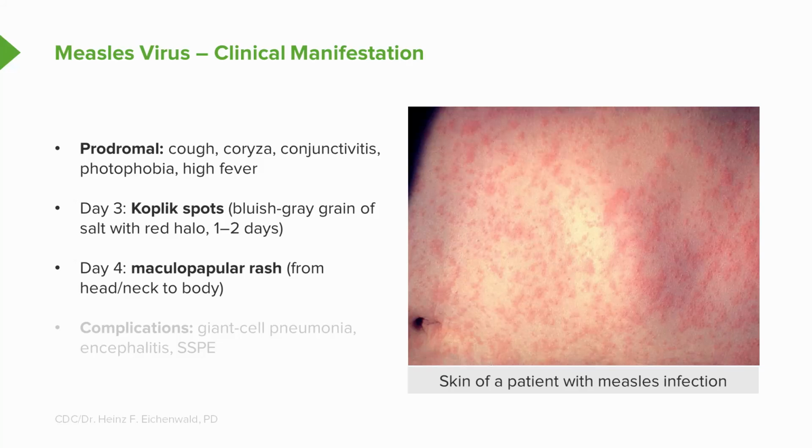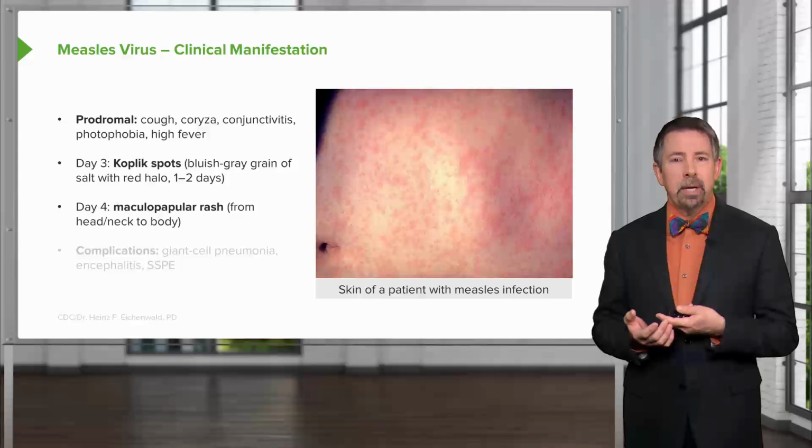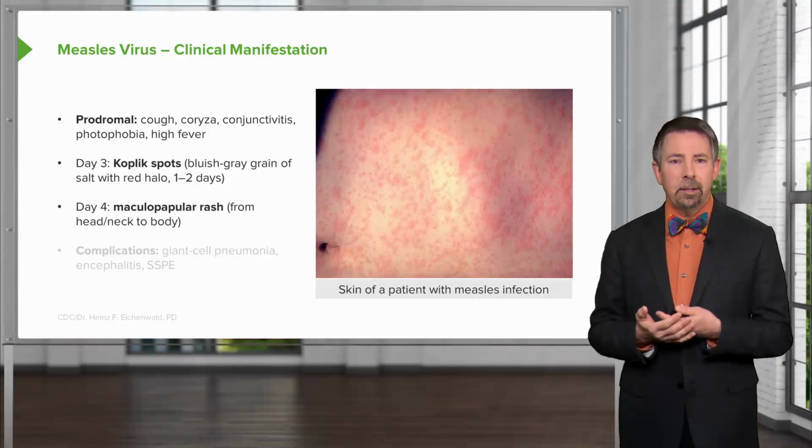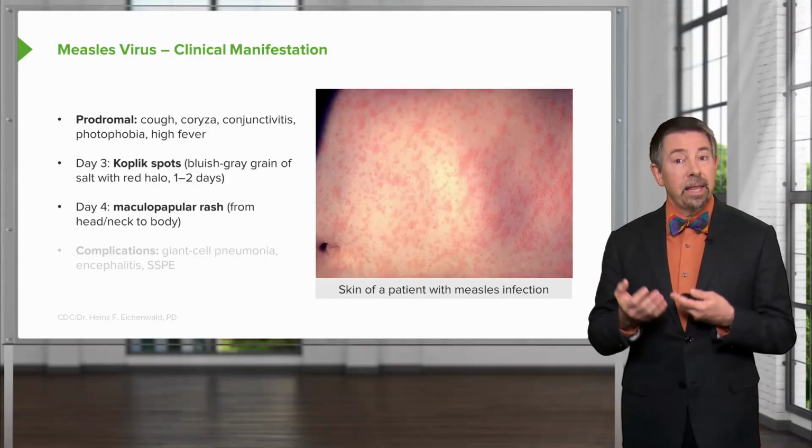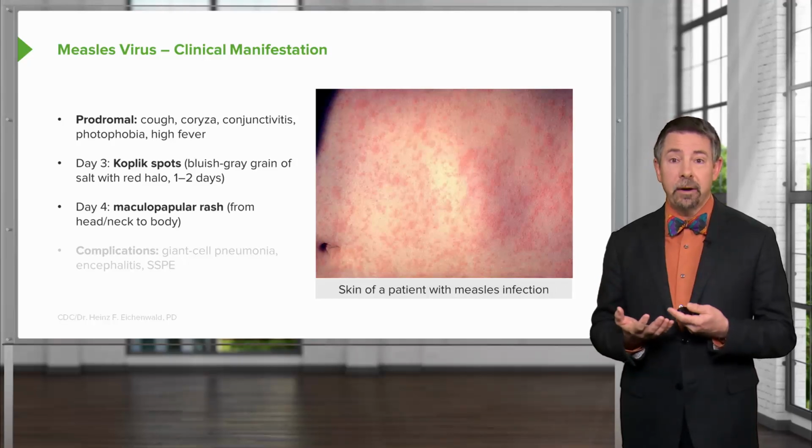However, many times those presentations are missed, and then a maculopapular rash, which has been nicknamed a morbilliform rash, a measles rash, kind of like defining it by the name of the infection, which is not very helpful. But a densely erythematous maculopapular rash starts, and the distribution and progression is very key here.